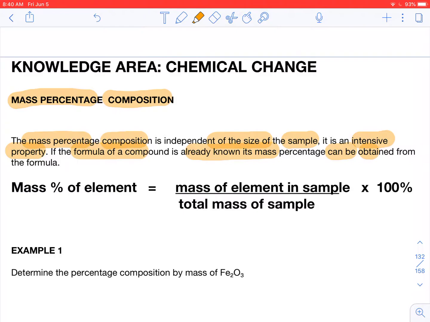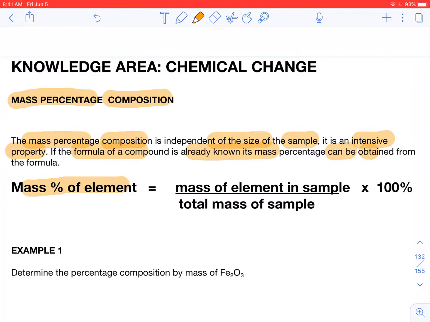Now, mass percentage of an element means we want the composition of a particular compound, so we want to know the mass percentage of the elements it is made of.